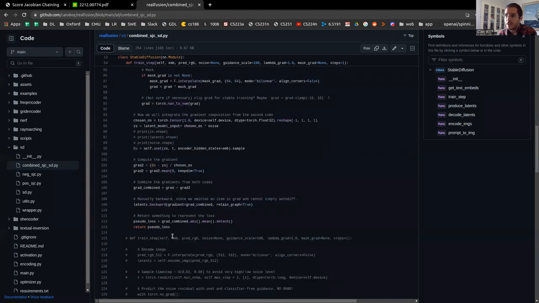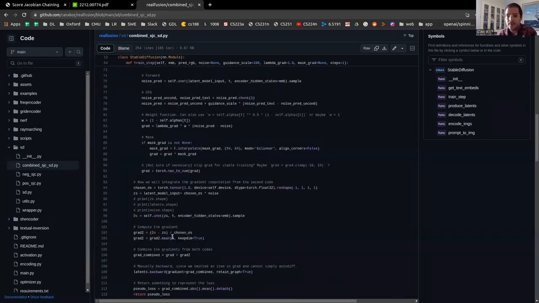After the original gradient computation, a variable called chosen OS is defined as a tensor of ones. This is equivalent to chosen variance S from the second code, where it is chosen randomly.